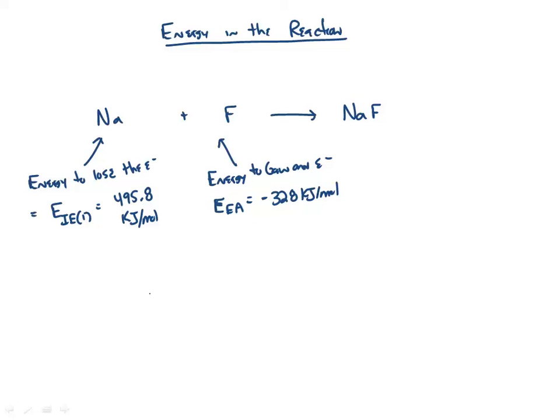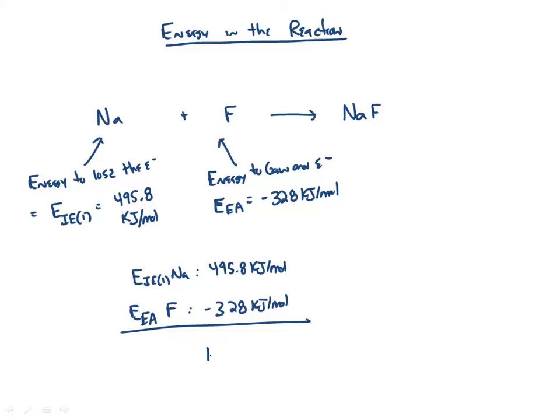So if I add this together, I take the ionization energy for sodium and the electron affinity for fluorine, minus 328 kilojoules per mole, and I add them up, that's 167.8 kilojoules per mole.